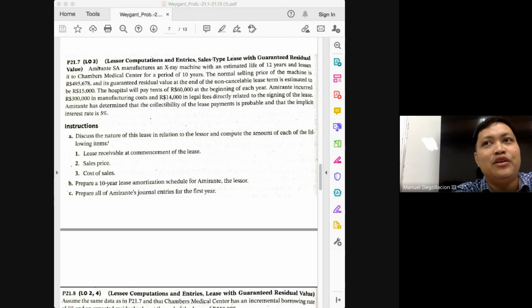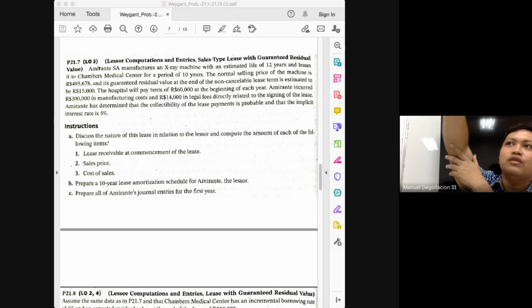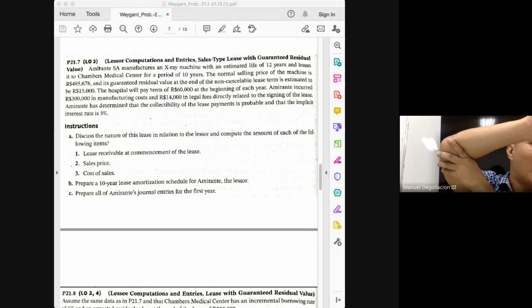Why? What happened? You received payment, and the payment will be deducted from your lease receivable and the interest income, which we have already incorporated in our lease receivable. So again, this is the question. January 1, 2022 lease receivable. Answer would be 79,288.89. Next question. January 1, 2023 lease receivable.